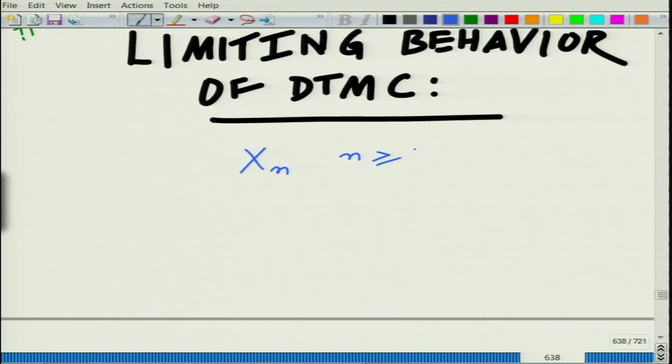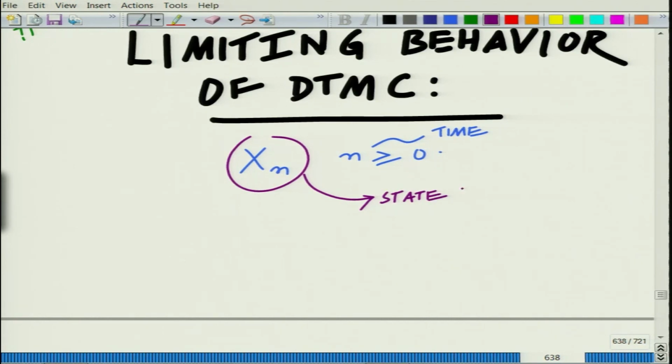which is the state of the DTMC for n greater than or equal to 0. Remember, this is our time and Xn is our state.